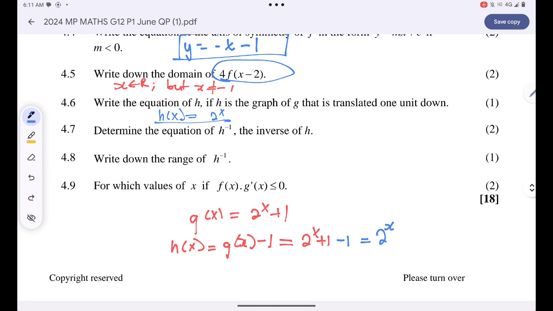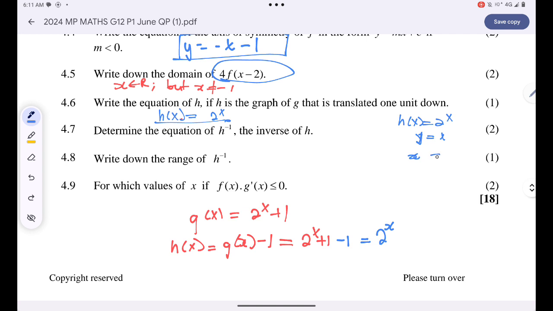Okay, and then they want me to determine the inverse of h. Remember that, guys, for me to find the inverse, since I know that my graph is 2 to the power x, I must always reflect my graph on the line y is equal to x, and then that means I must just interchange both x and y.